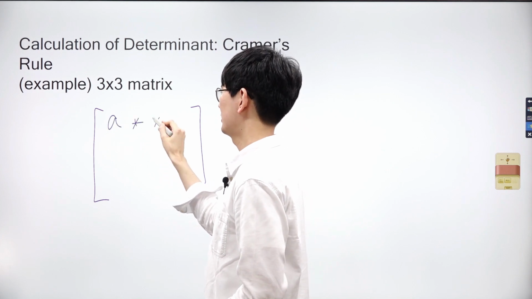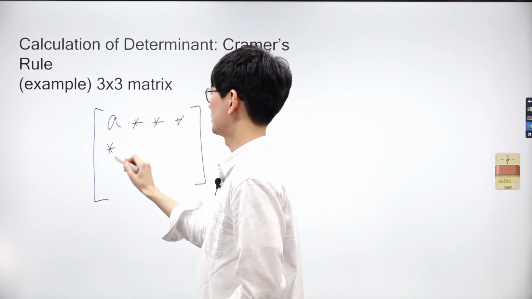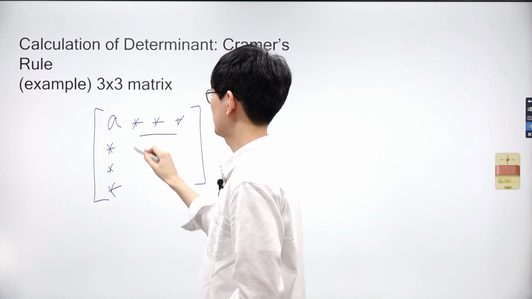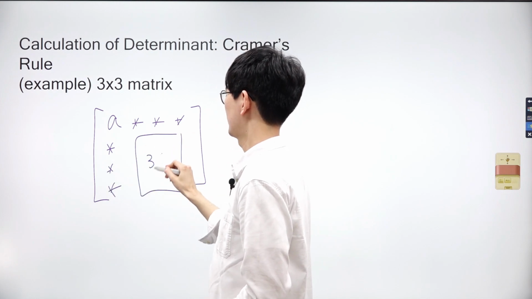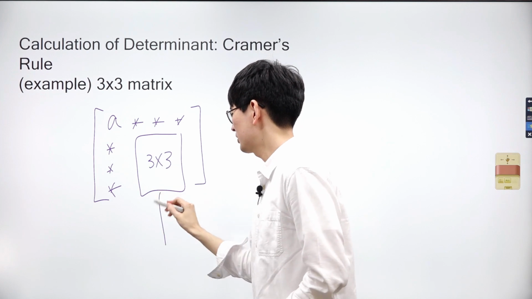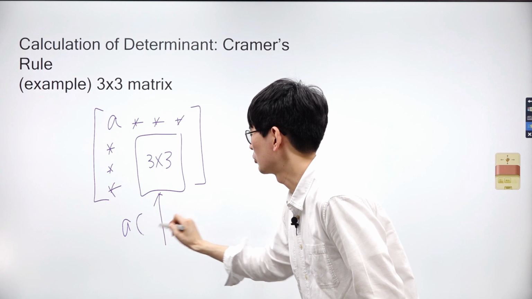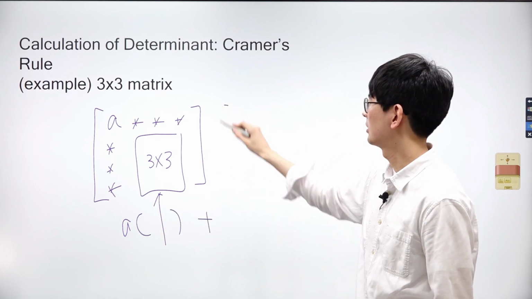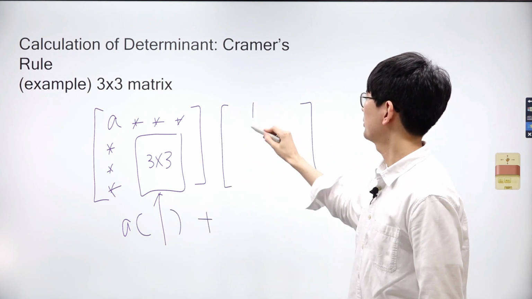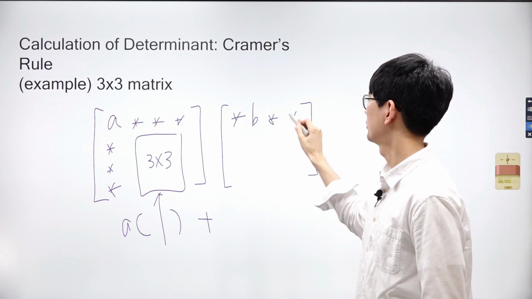We divide the matrix into 4 components. The first component consists of A and the remaining 3x3 matrix. We then multiply A by the determinant of the 3x3 matrix. The second component contains B and the remaining 3x3 matrix.